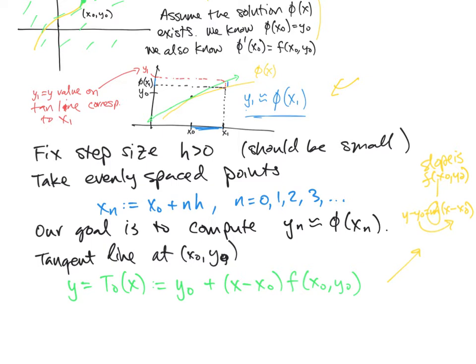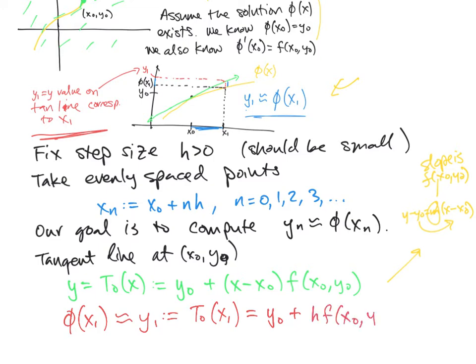And as we discussed above, phi at x1, so this is the next point on phi that we want to approximate, is approximately equal to y1, which we're going to define right now as being the y value on the tangent line. So that is equal to t naught at x1. It's the y value on the tangent line corresponding to x1, which we can just plug in, and it's equal to y naught plus h times f of x naught, y naught.